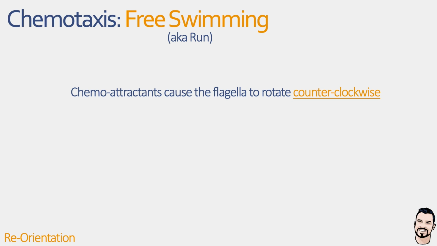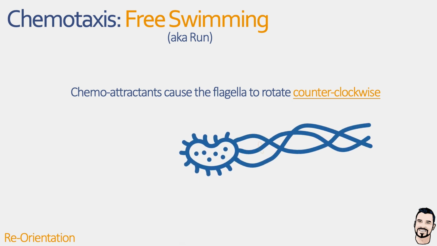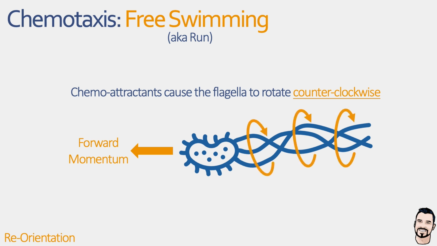The key thing here is that due to the helical construction of the flagella filament, counterclockwise rotations allow multiple flagella filaments, if present, to align into a cohesive bundle, as we can see on the screen here, and this propels the cell forward. We call this movement free swimming, or a run as it's more commonly referred to.